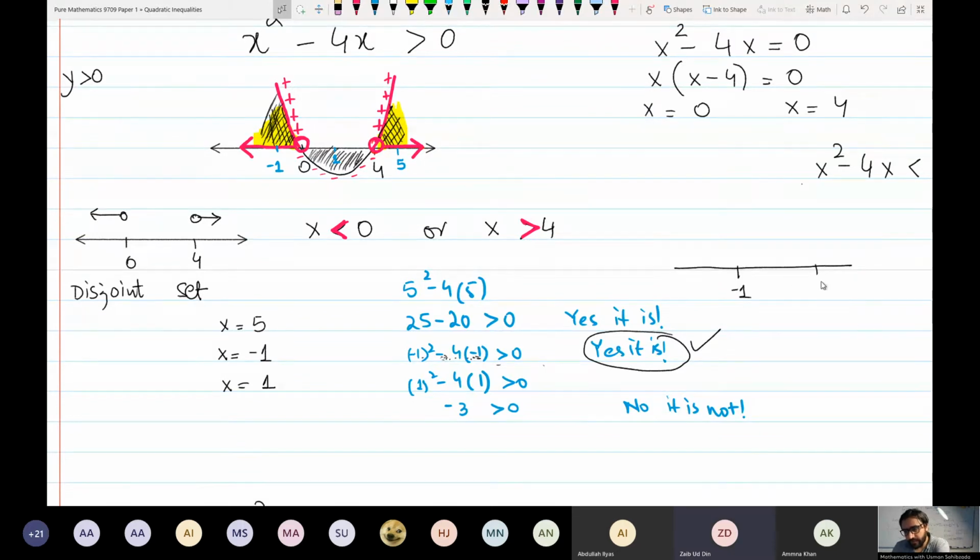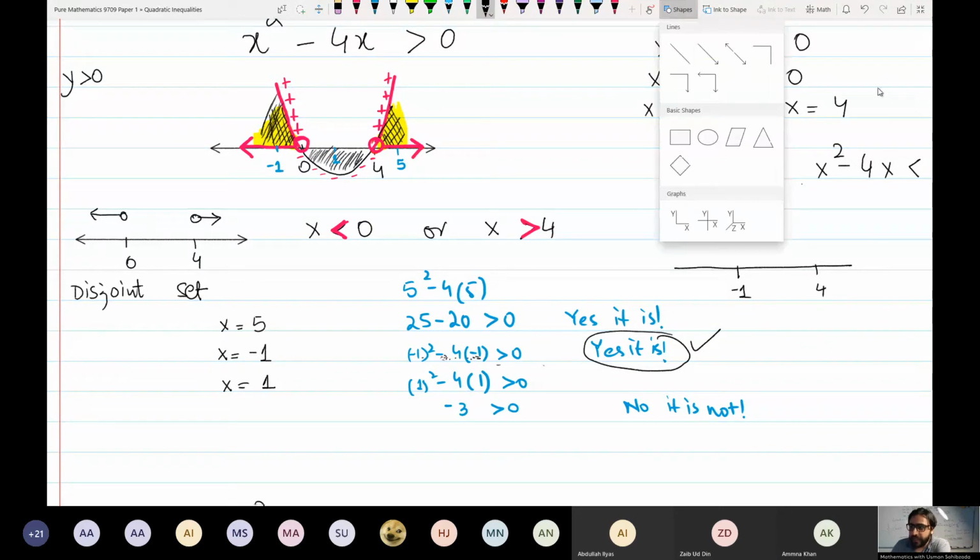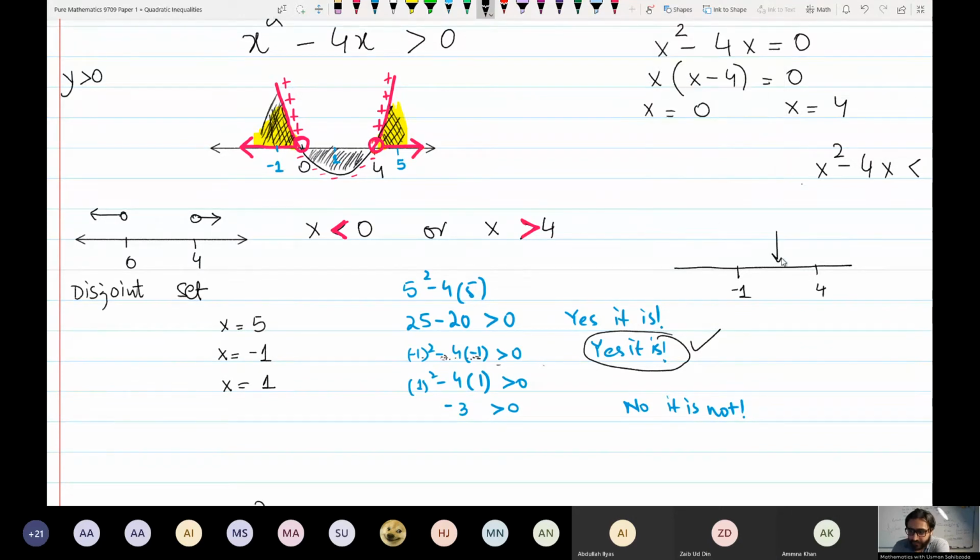That might be a question which others did not ask, but would have had. So I was taking a value from here, and from here, just to see how the inequality reacts to these numbers.